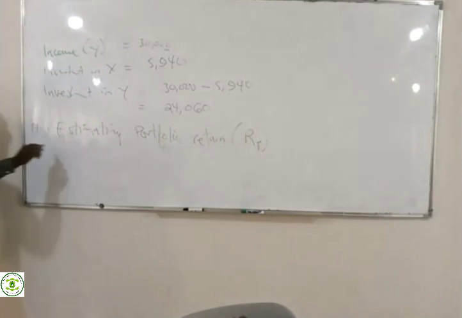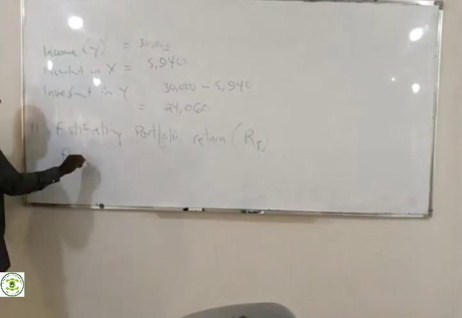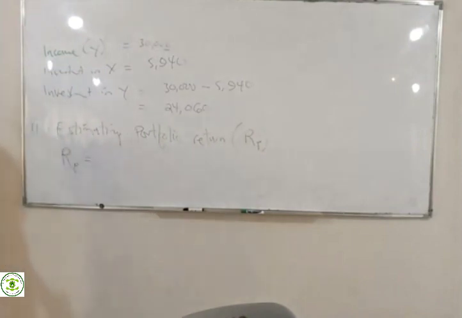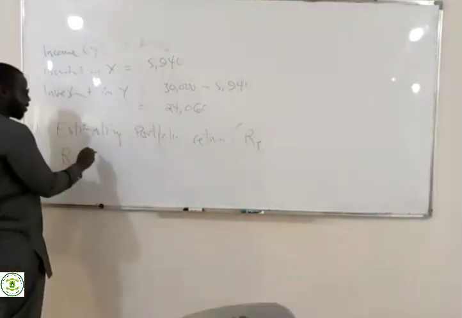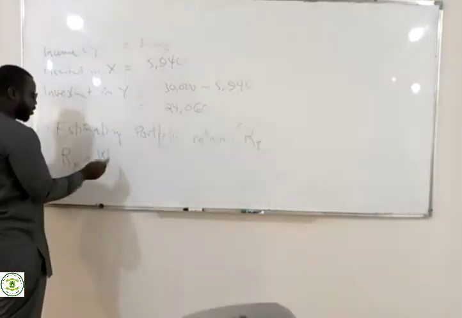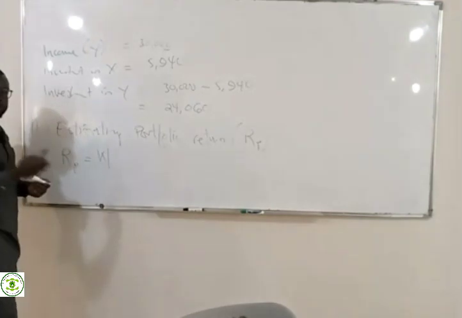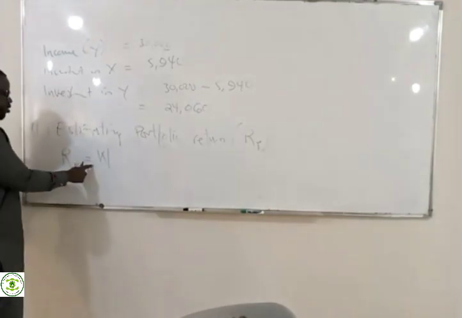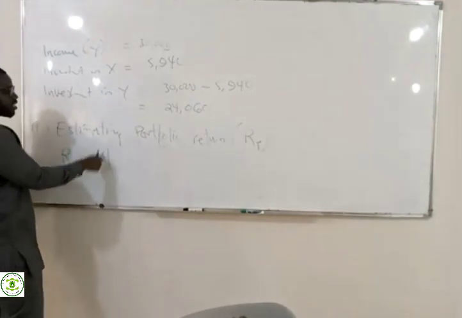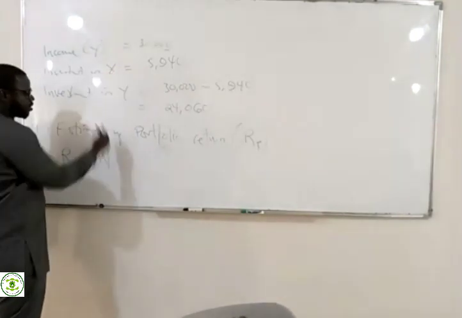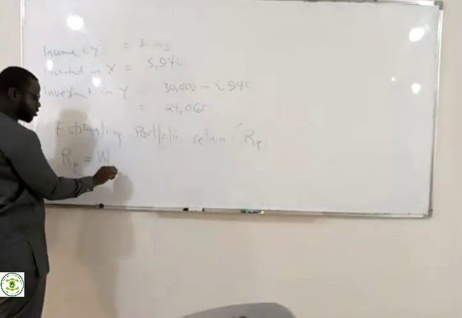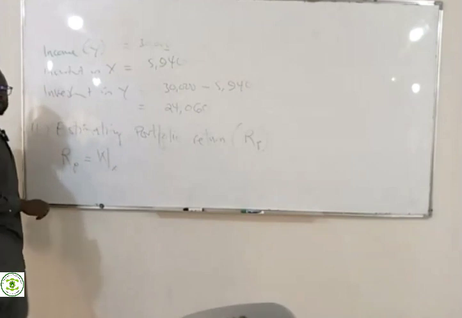And the portfolio return, please note, is the weighted, or you can use alpha, whatever we're using. This one will be how much is invested in X. So here we can put X here. Is that not it?